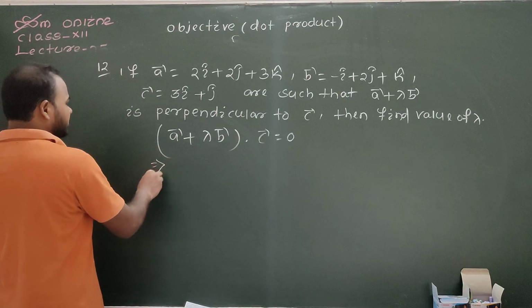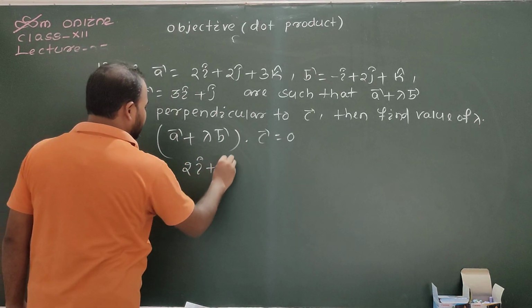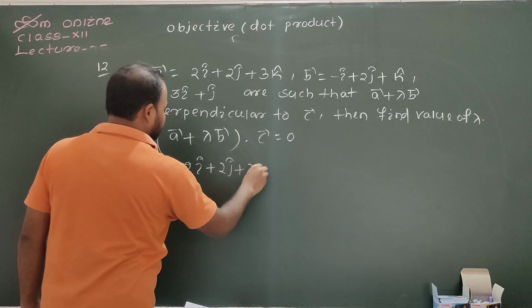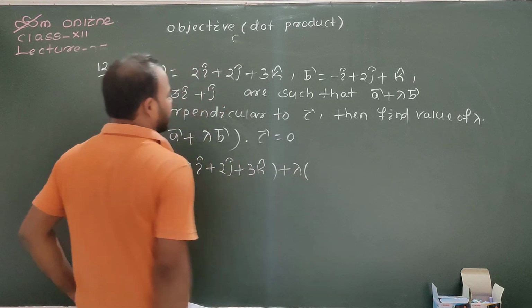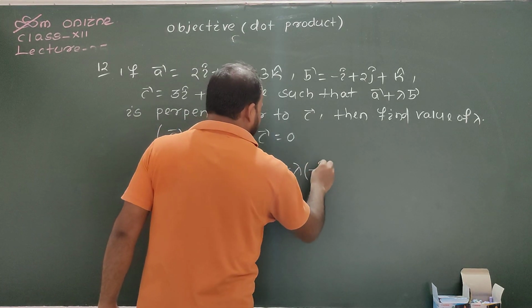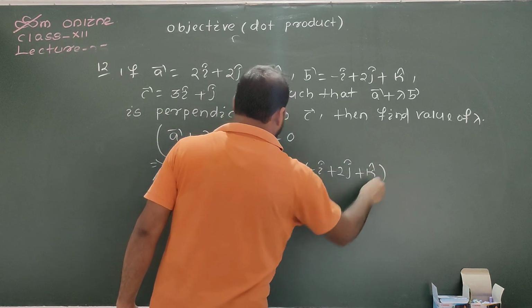Now vector A is 2i cap plus 2j cap plus 3k cap, plus lambda into vector B, that is minus i cap plus 2j cap plus k cap.